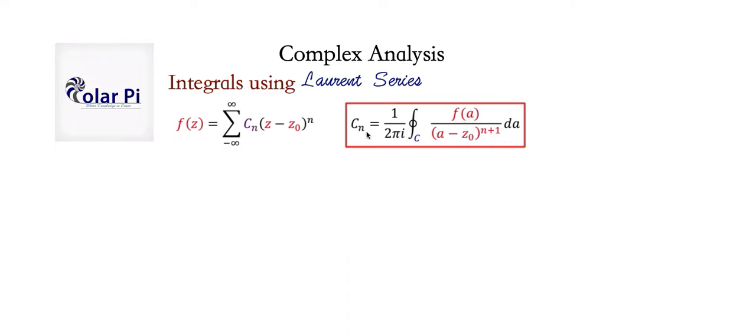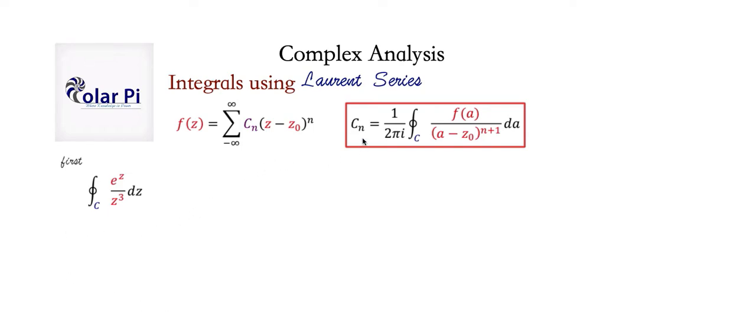Multiplying both sides by 2 pi i, we see that the integral over c of f of a da is 2 pi i times c sub -1. And so, yes, that's why this c sub -1 coefficient in the Laurent series expansion of f is such a useful thing to know.